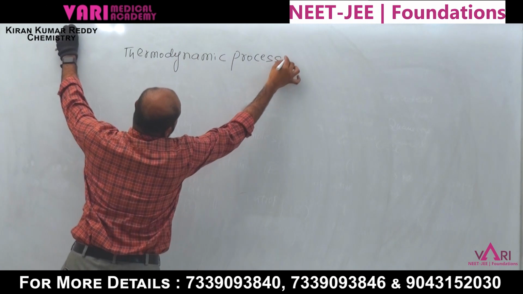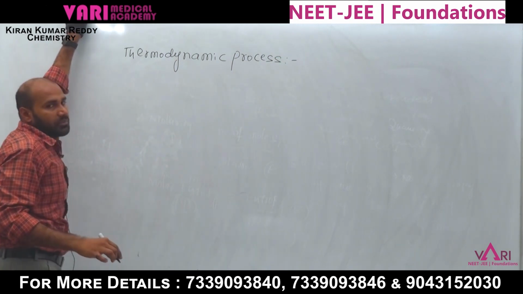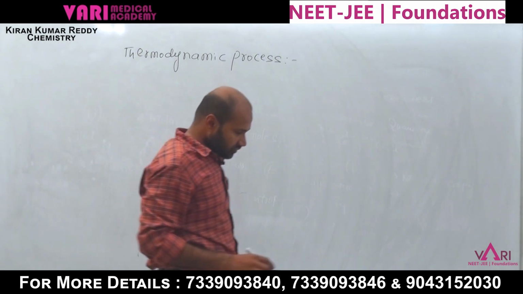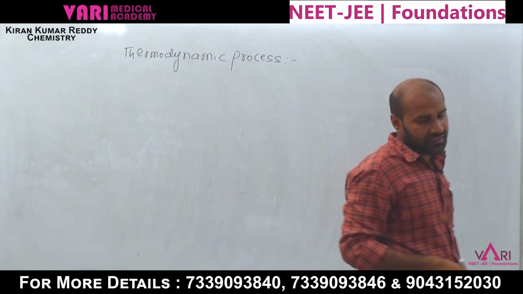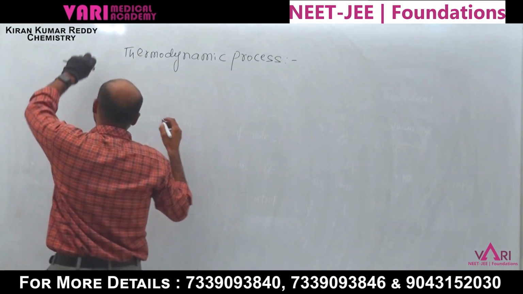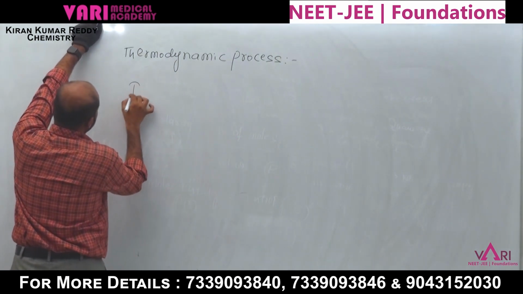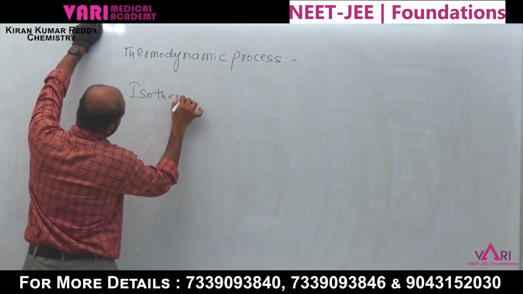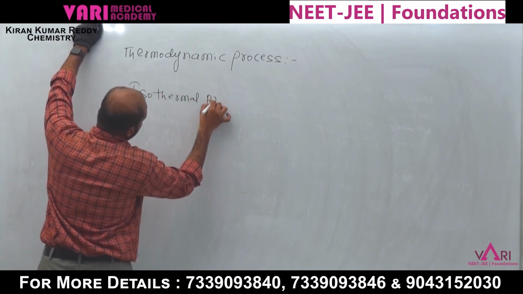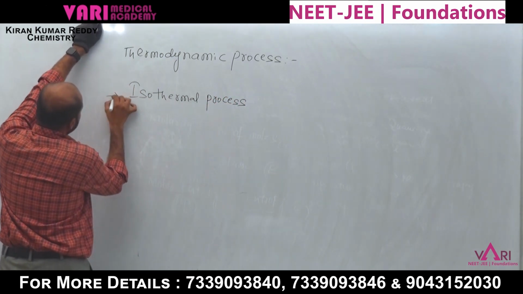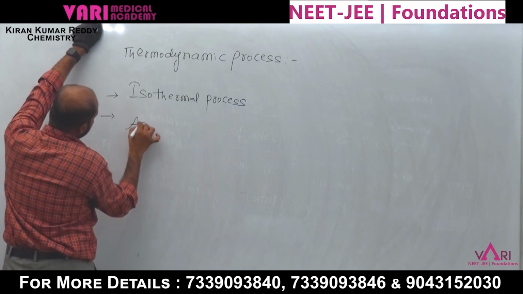One of the operations we can do in a thermodynamic process brings some parameters, some variables, to be constant. Now in the isothermal process, this is thermodynamics. Next one, thermodynamic process. Next, the adiabatic process.